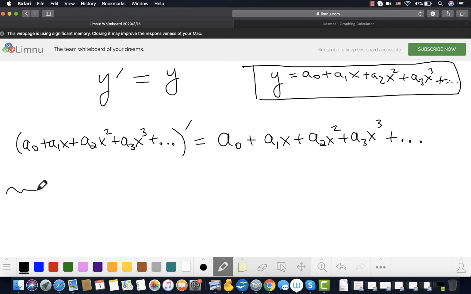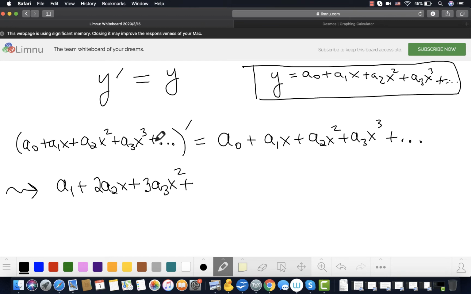When you take the derivative of this, what do you get? The derivative of a0 is 0 because a0 is just a constant, so there's nothing here. The derivative of a1x is just a1. The derivative of a2 times x squared is 2a2x. The derivative of a3x cubed is 3a3x squared.